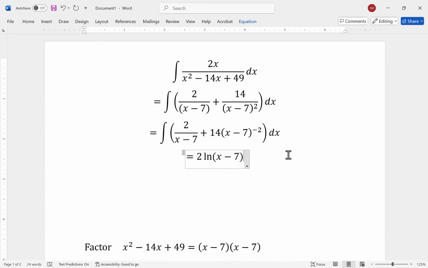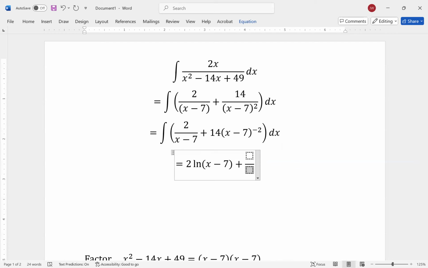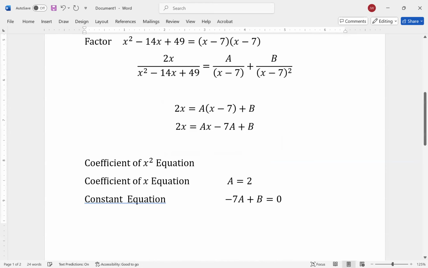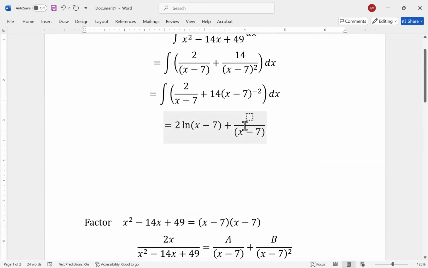And then when we add 1 to the exponent, we're going to get x minus 7 to the negative 1. That's going to be x minus 7 in the denominator. Then we divide by negative 1. 14 divided by negative 1 is a negative 14.